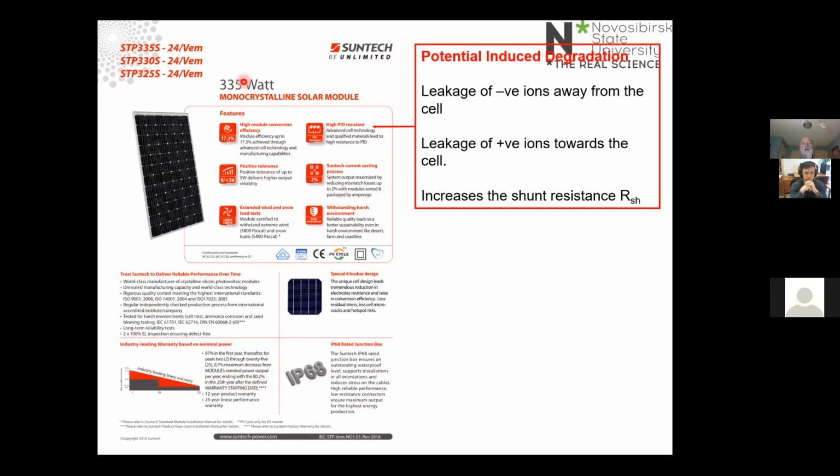So after 20 years, you would expect this particular module to produce a peak power of 265 watts, about 70 watts less than what it is shown here. Okay, so when you think about it in total, that's a pretty big drop, but the yearly drop or the rate of change of the cell efficiency is quite small.